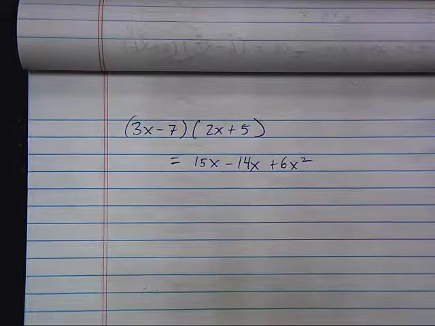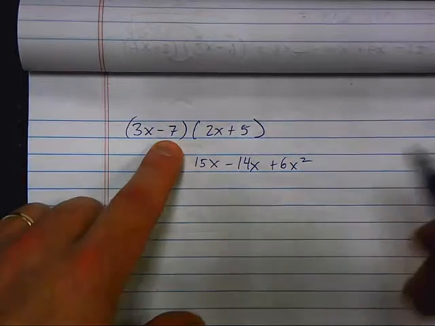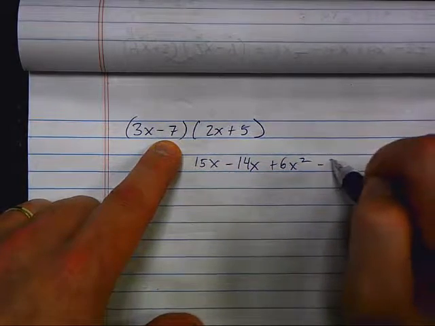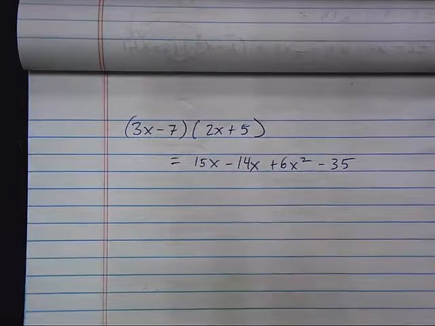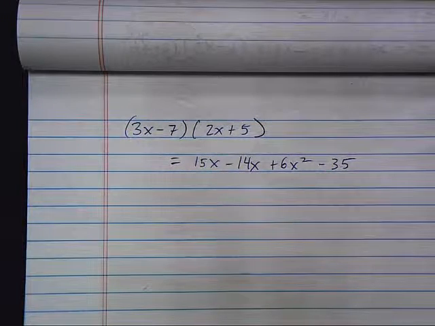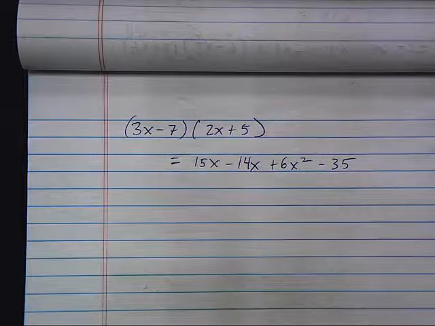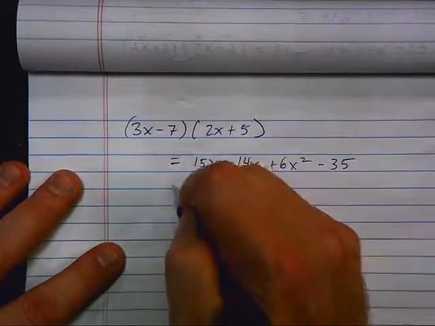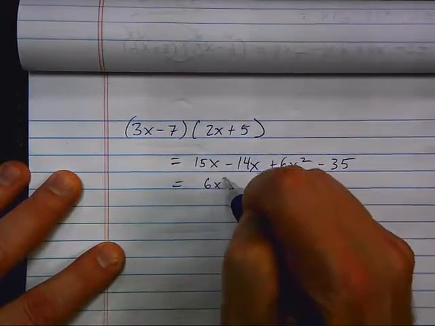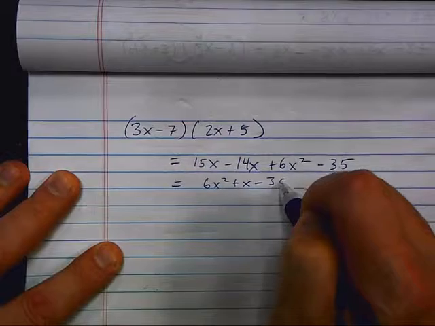Which one haven't I done yet? Negative 7 times 5, that's negative 35. Did I get the right answer? Yeah, but what do I have to do? I gotta put it in the right order and simplify. So this should be 6x squared plus x minus 35.